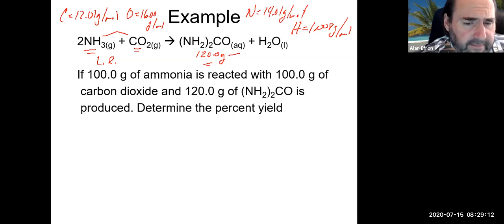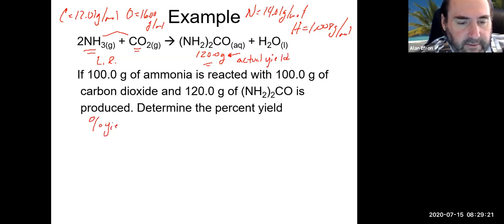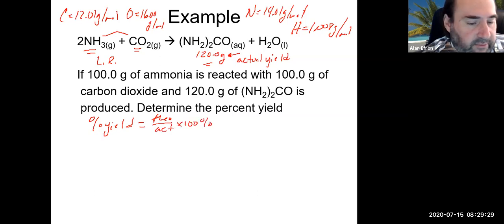We're also given how much product we'll make, and that is going to be our actual yield, which is given to us. And remember that our percent yield, which is ultimately what we're looking for, is our theoretical divided by the actual times 100%.